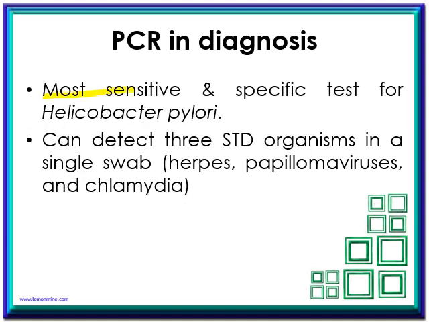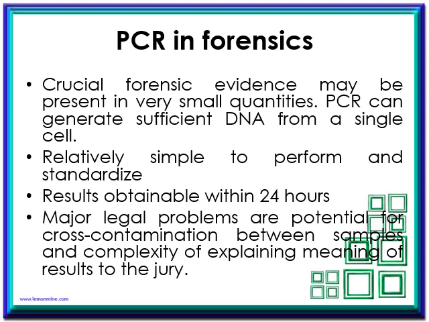PCR gives the most sensitive and most specific tests for Helicobacter pylori. It can also detect 3 STDs: herpes, papillomaviruses, and chlamydia. In forensics, PCR can generate sufficient DNA from a single cell, so results are obtainable within 24 hours.